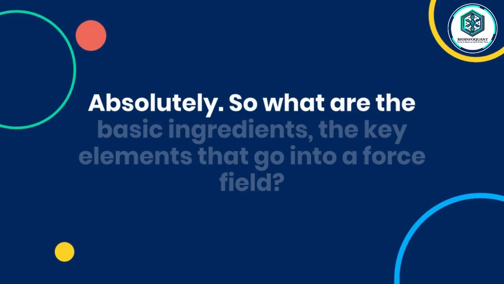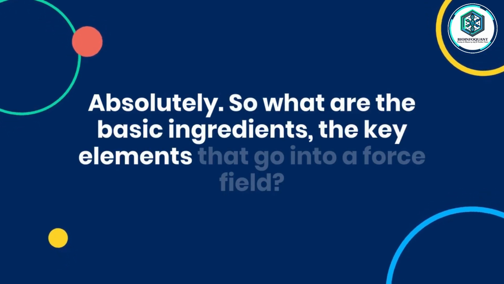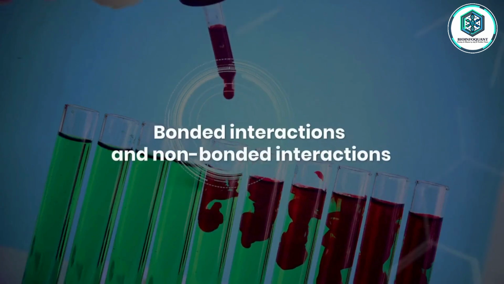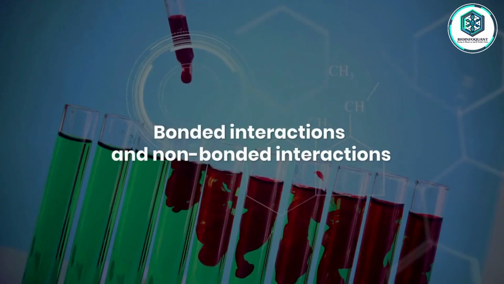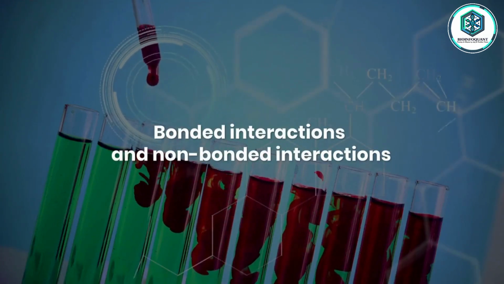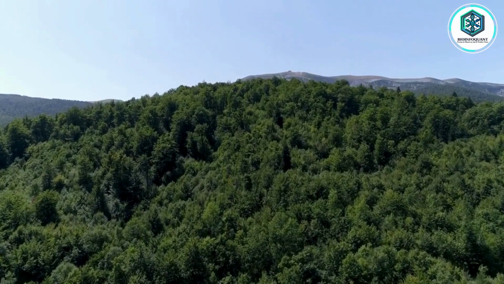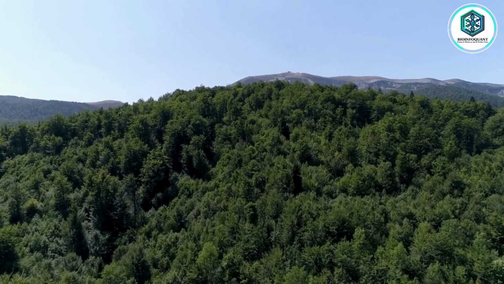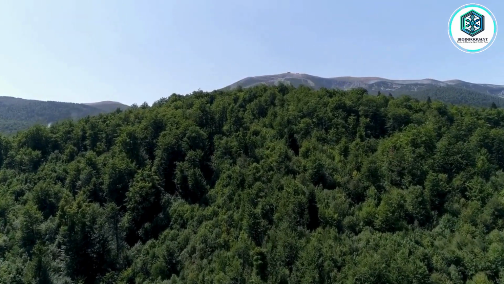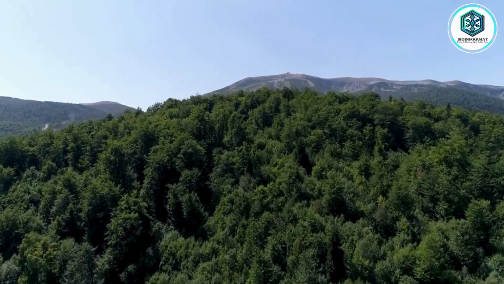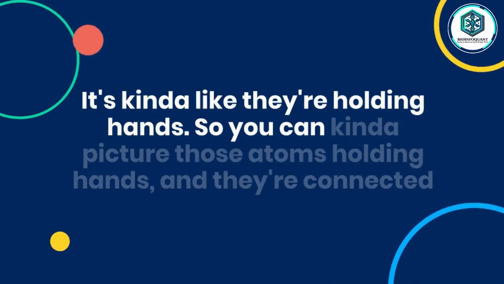Absolutely. So what are the basic ingredients, the key elements that go into a force field? Good question. We can break them down into two main types. Okay. Bonded interactions and non-bonded interactions. Okay. Bonded interactions. That sounds pretty self-explanatory. Yeah, so bonded interactions describe the forces between atoms that are directly connected by a chemical bond. Okay. It's kind of like they're holding hands.